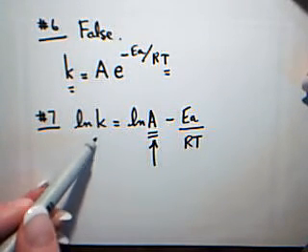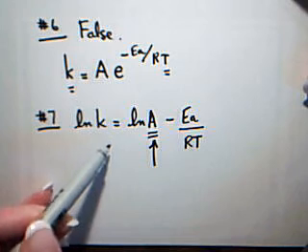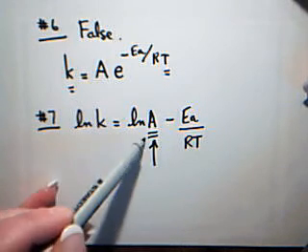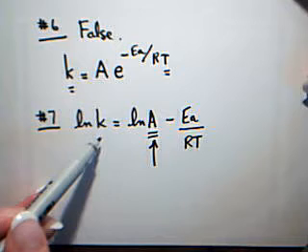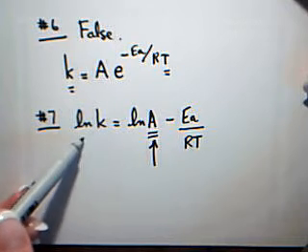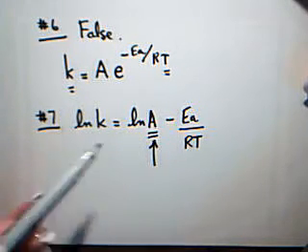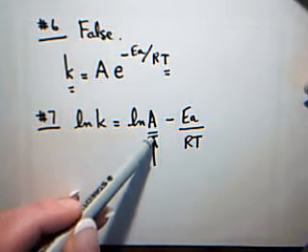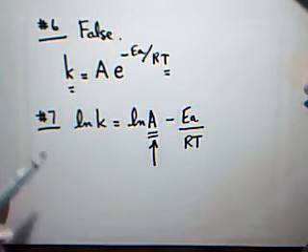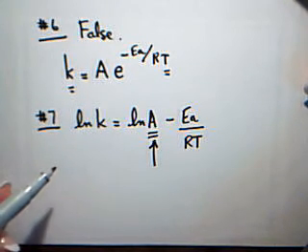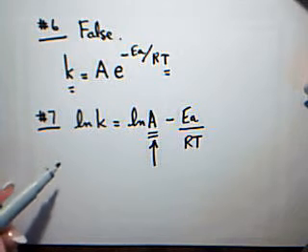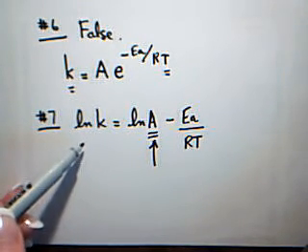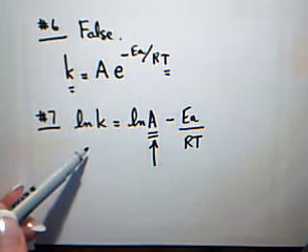Well, I can see that this all has to be apples, apples, and apples. And by that I mean that whatever units this has, this also has to have. So the units of k are the same as the units of A, and therefore A does not denote a concentration. A has the same units as k. And in fact, once we take the ln of it, we take the ln of just the number without its units.